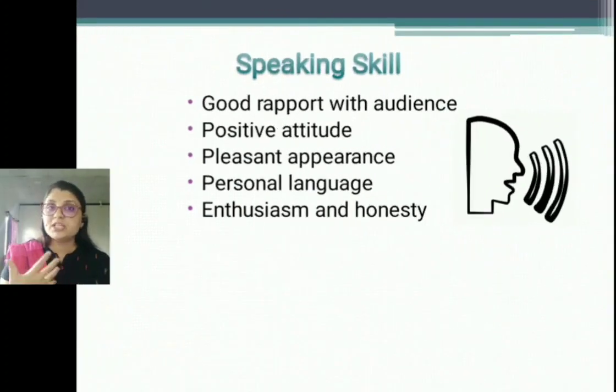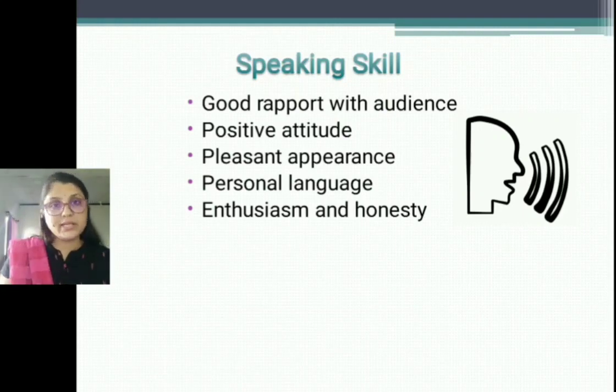Then speaking skills. Writing skill is very important, listening skill is very important, and speaking skill is also very important. Why? Because successful entrepreneurs have good communication skills.